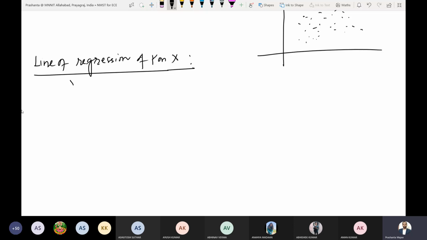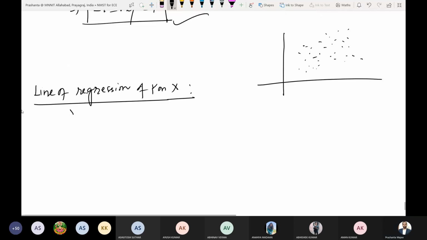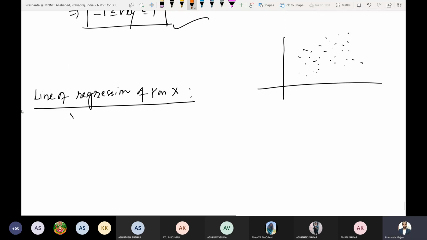So how will you calculate the error? For each data point, you will find out the vertical gap. So suppose this is the curve y equals ax plus b. Then for each data point, you will find this vertical gap, and then you will square these errors and create the error function. And then we'll use calculus, partial derivative with respect to a and with respect to b, to get the values of a and b.